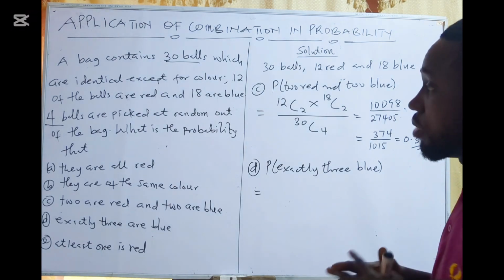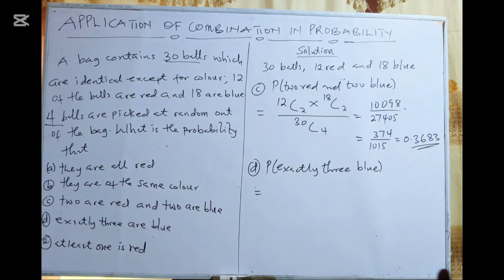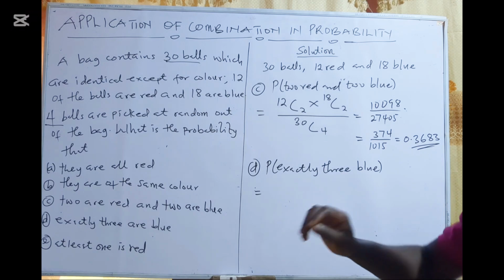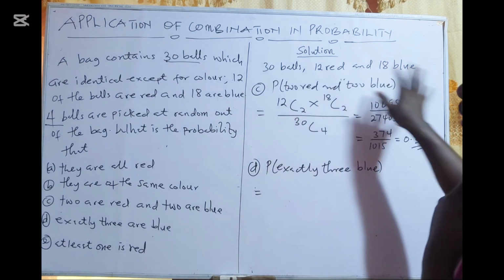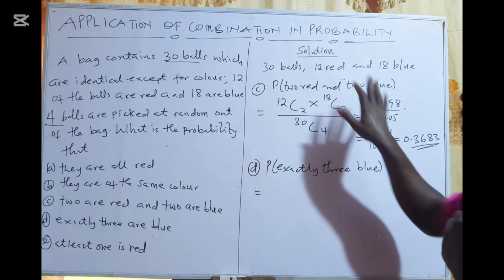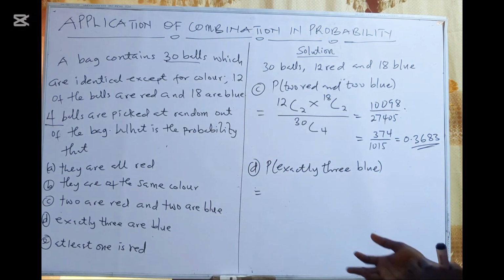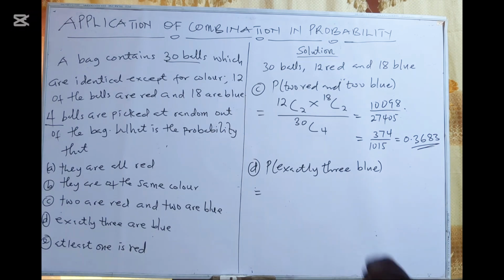Sometimes when you are using the normal way, you look at which one was first and which was second. Under the combination, all of those are taken care of.